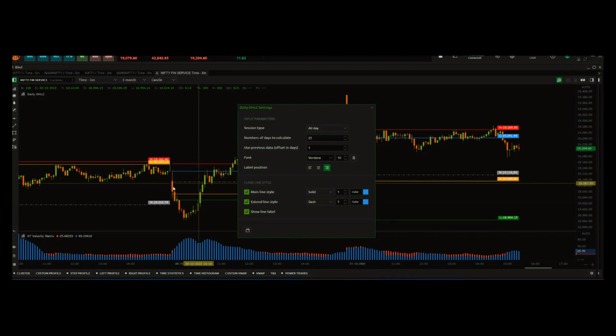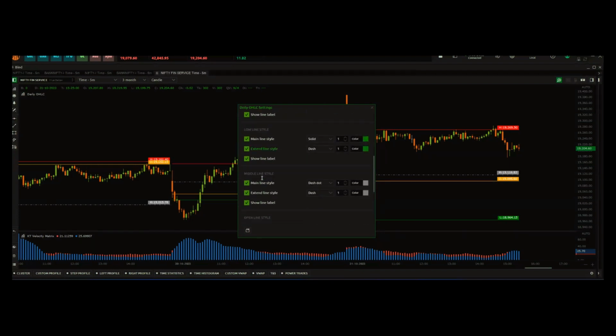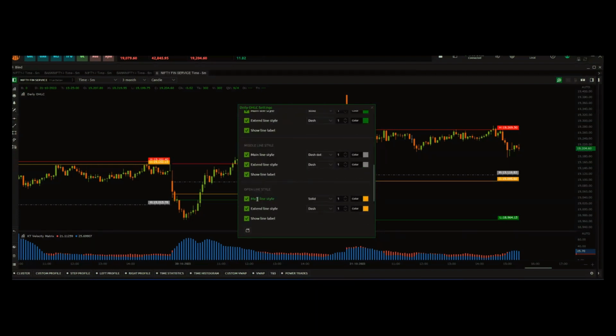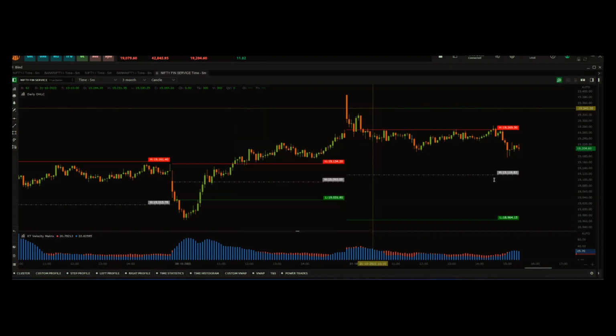For that reason, make sure that use previous data offset in days is kept at one. I don't need the close price, so I'm disabling it. All I need is high, low, and median. Open and close prices of the previous day are not something that I actually need. Only in case of reversals would I need the close price. But apart from that, the most important aspect for me is high, low, and median.